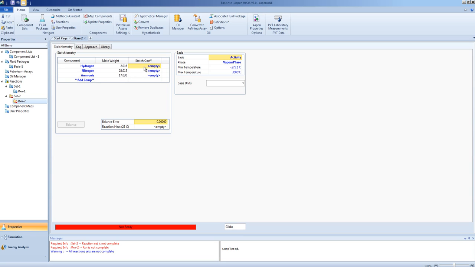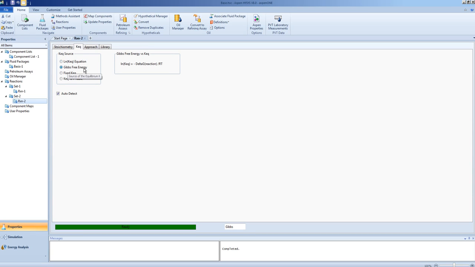We know that we utilize 3 hydrogens, 1 nitrogen molecule, which is N2, to produce 2 ammonia molecules. System is balanced. We no longer have to specify any conversion because the extent will be predicted by the equilibrium.